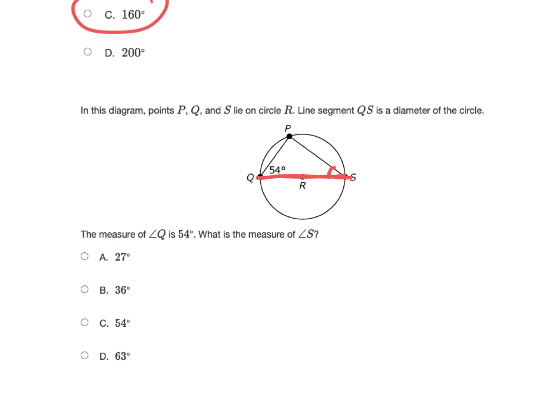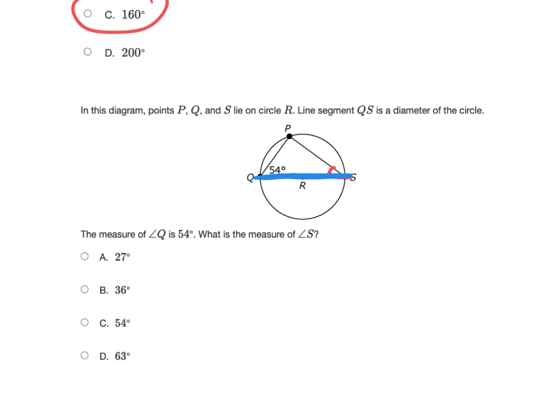Let me erase that so it's a little easier to see. But what we do have is this angle here, which is a diameter, which also has to be a straight line, which is also a straight angle.